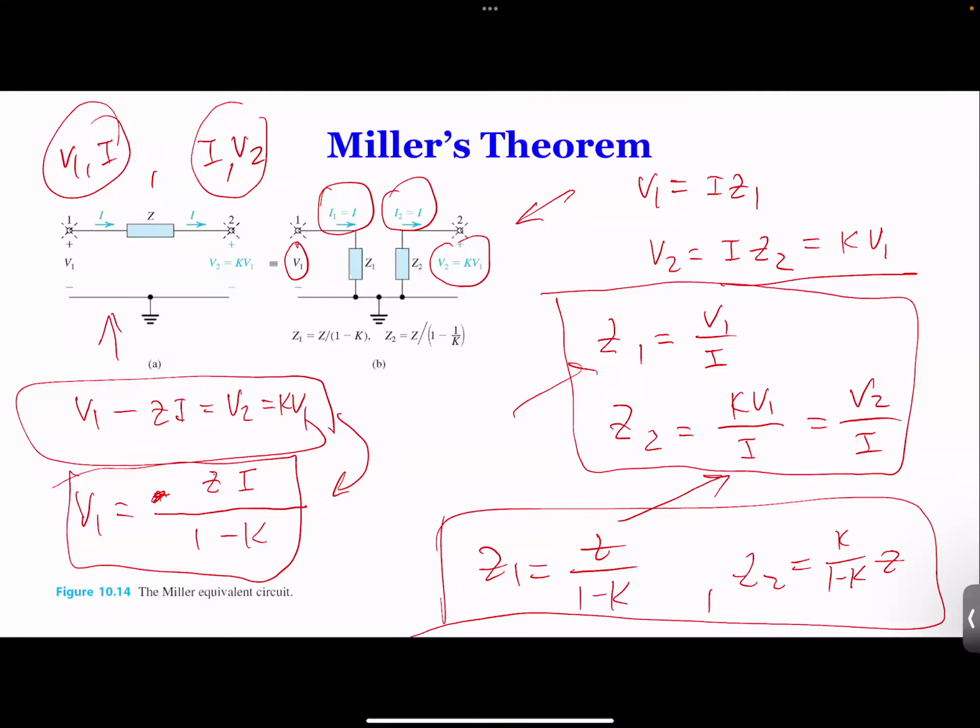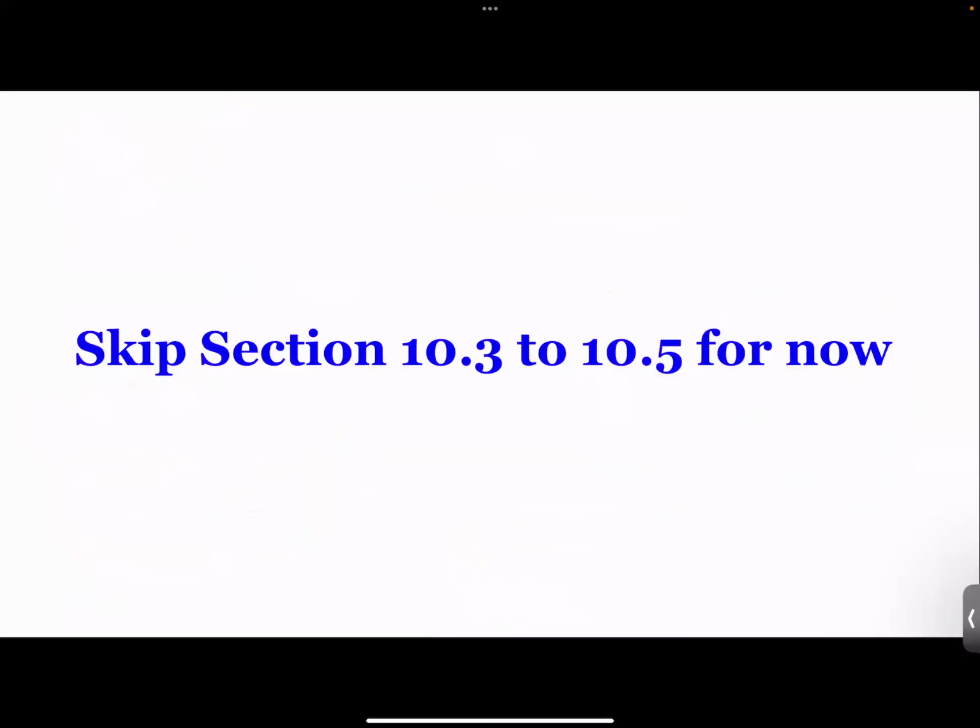If we go back to the previous circuit, we can break the middle capacitor into two capacitors, one on the input side and one on the output side. The one on the input side makes a big difference, but the one on the output side is very small, so we can neglect it. That's what we really have for the resistance.